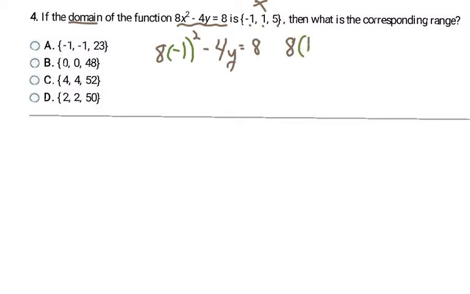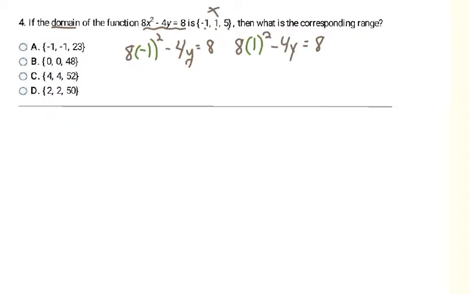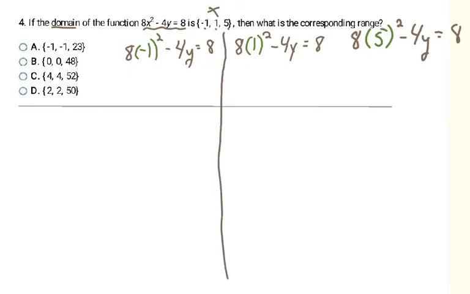So I'm going to do it again where I'm going to substitute in +1, square it, minus the 4y equals 8. Then also do it for the last one where I substitute in the 5, square it, minus the 4y equals 8. So then I just have 3 equations here I need to solve.